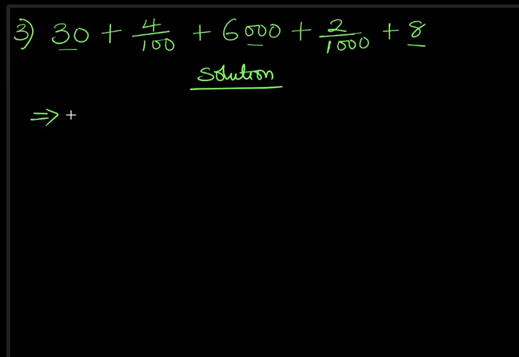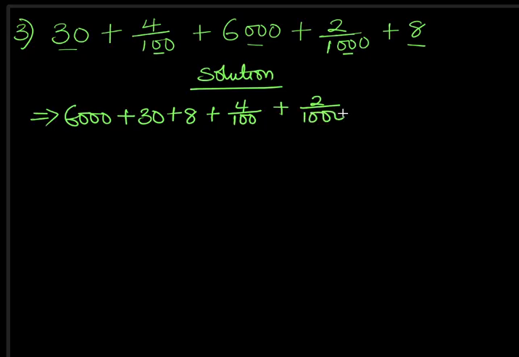So that will give us 6,000 coming in first, plus there's no 100, so we'll take 30, that's under tens, plus 8, and then plus, these are the fractional parts. There is no tenth. So we'll go with the 100, 4 over 100 plus 2 over 1,000.